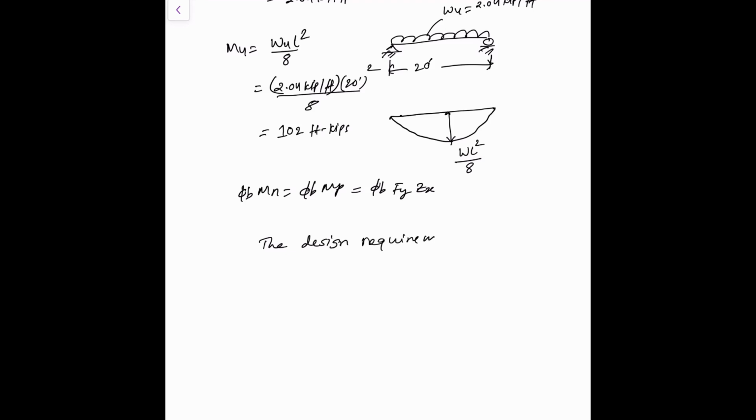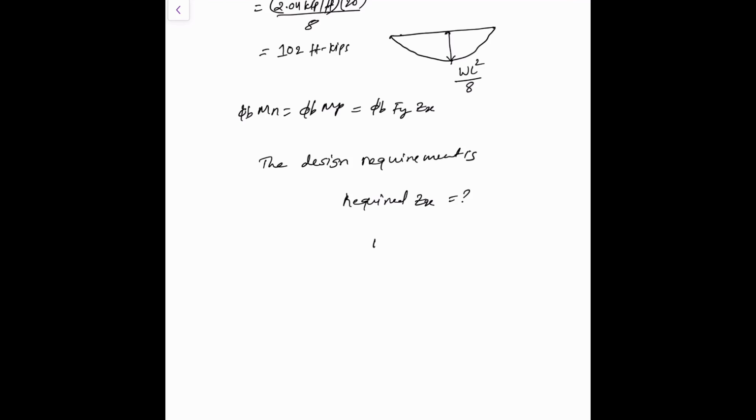Now the design requirement is the required Zx. We have to find the plastic section modulus. We know that the ultimate moment Mu equals phi b Fy Zx.